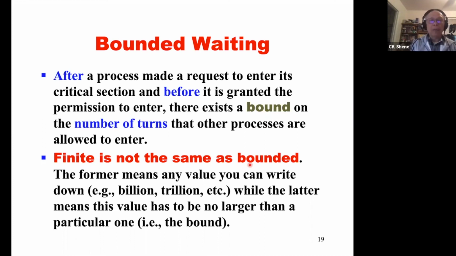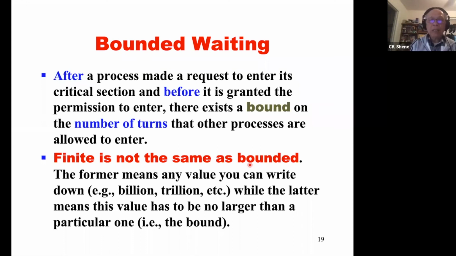Bounded is a value I know. The number of turns I have to wait cannot exceed that value. A value I know beforehand. I know directly from the algorithm. But finite is any number you can write down. So if the bound is 3, it's definitely finite.